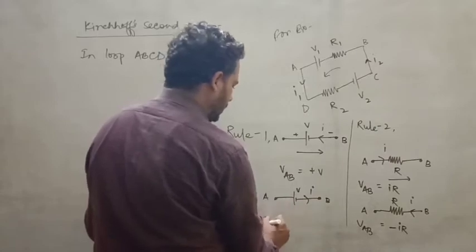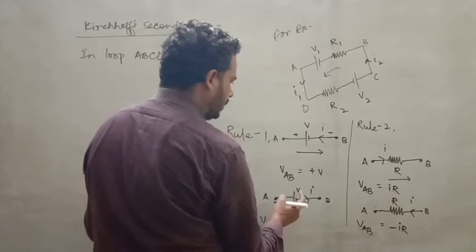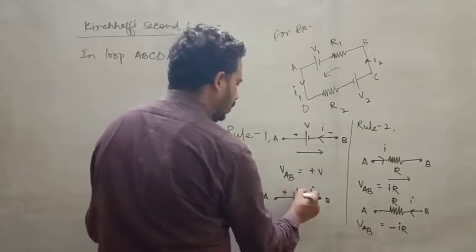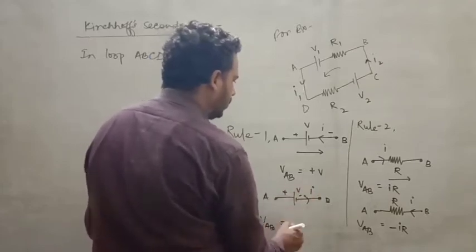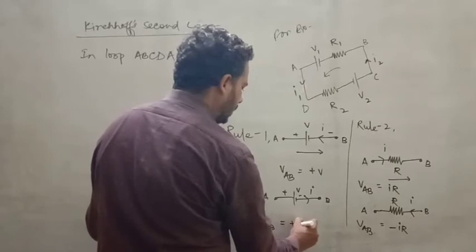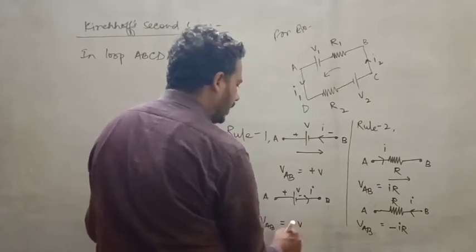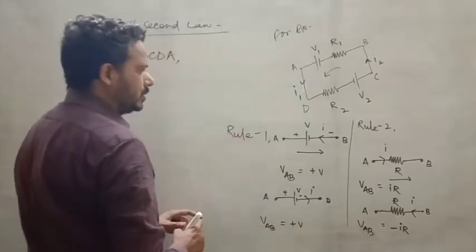That means your VAB would be the same, because you are going from higher to lower potential, so that would always be positive. That would be affected when you change your direction.